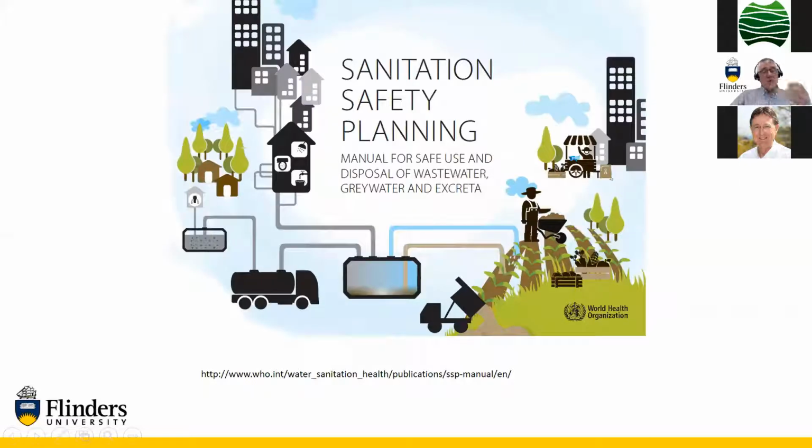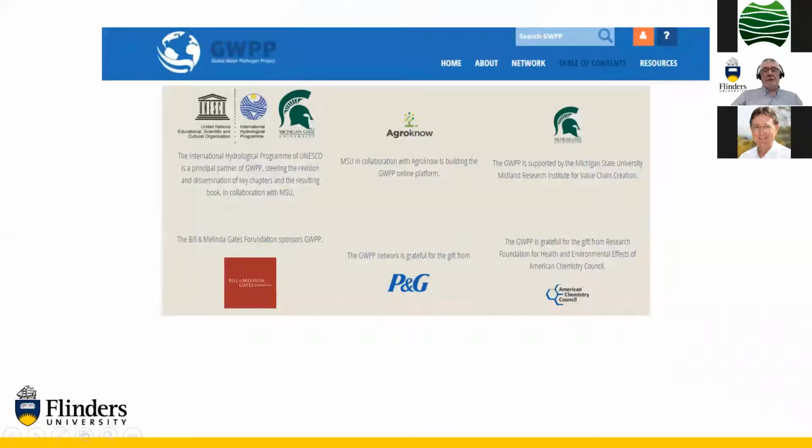International engagement, we're also involved in the World Health Organization. They have a new sanitation safety planning manual. This is supported by something called the Global Water Pathogen Project. I'd commend this to everybody. It's a great site. It's been supported by the Gates Foundation and also Michigan State University.